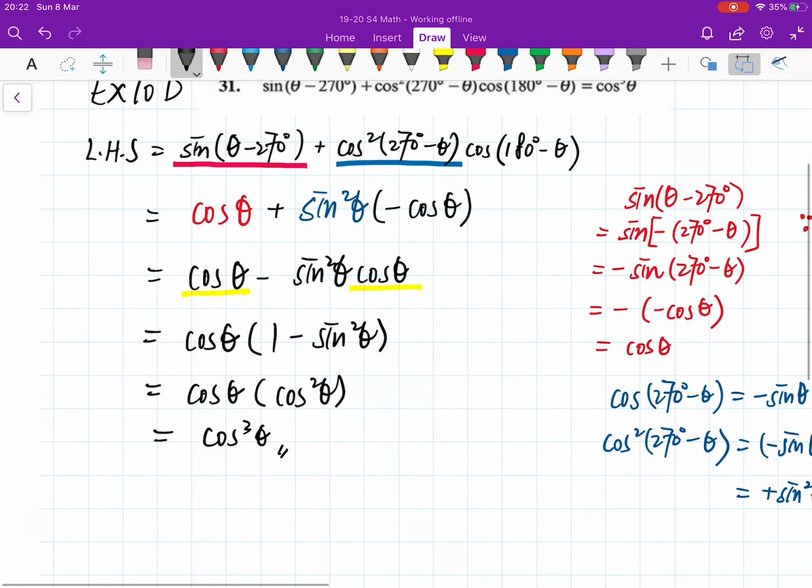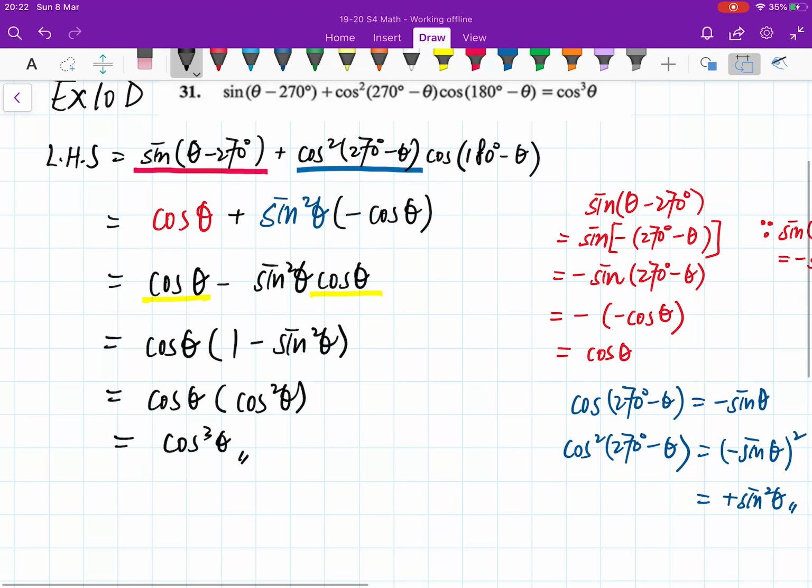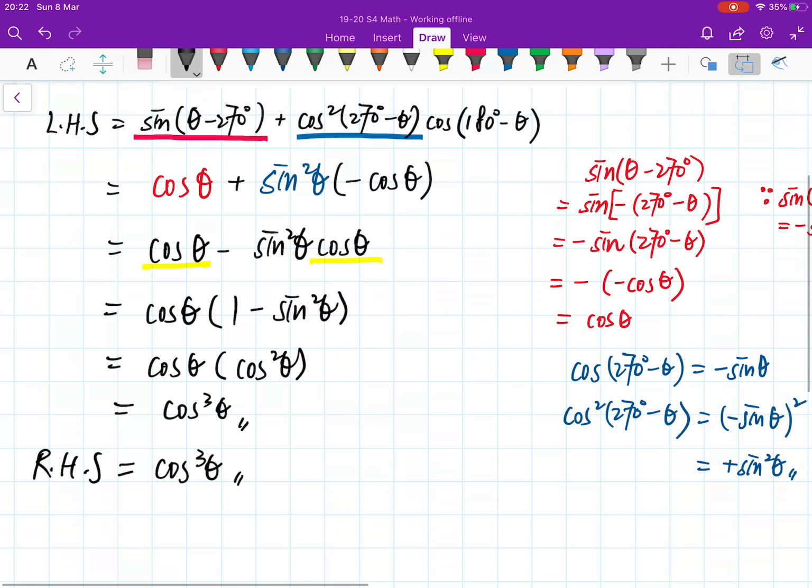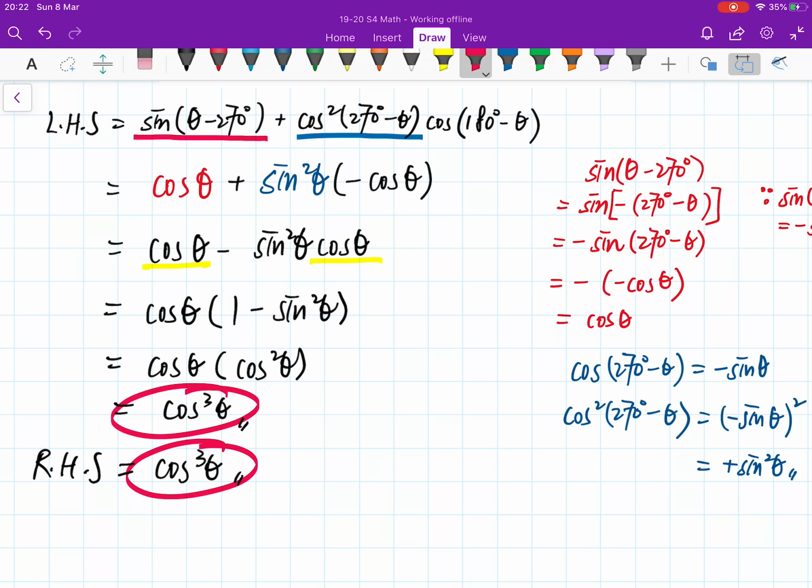Okay, we finished the left hand side. And as you can see, right hand side, there is no transformation, which is equals to cosine cube theta. Okay, so therefore, left hand side equals to right hand side.